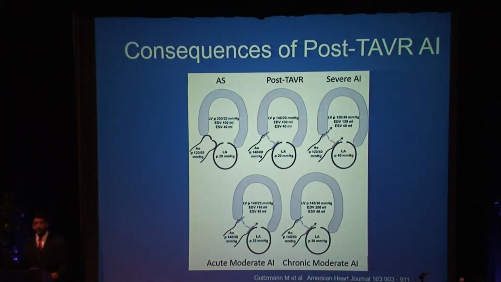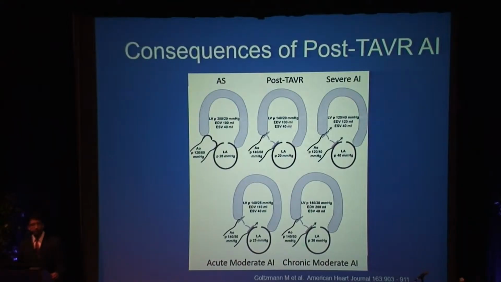So why is AI associated with poor prognosis? To understand that, you would look at the hemodynamic and pathophysiological changes that occur in AS and how AI may significantly impact them.